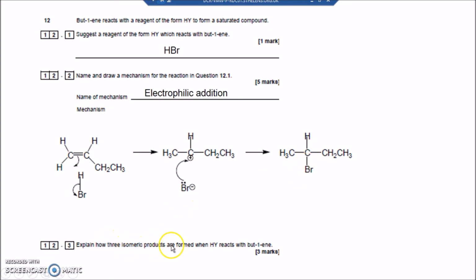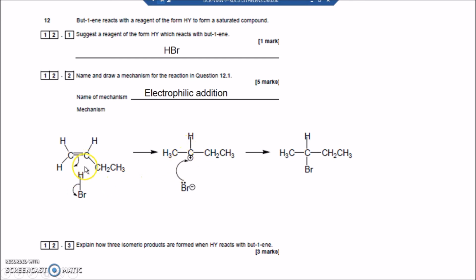Explain how 3 isomeric products are formed when HY reacts with but-1-ene. Well, this is the major product where the H bonds to the C with most H's and forms the more stable secondary carbonium ion.